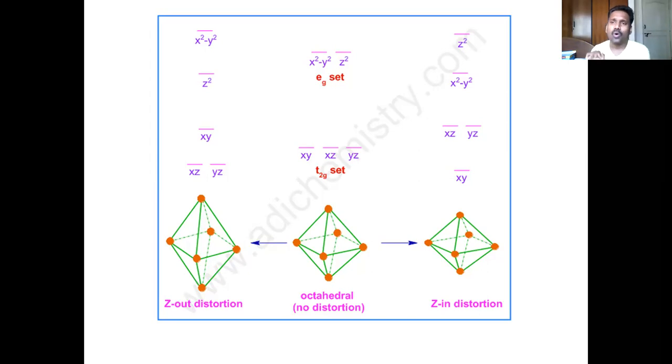Anyways, now when there is no crystal field, all 5 d orbitals are degenerate, right? When you apply an octahedral crystal field, how is the splitting pattern?